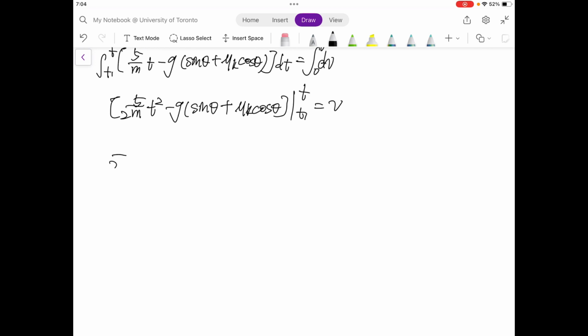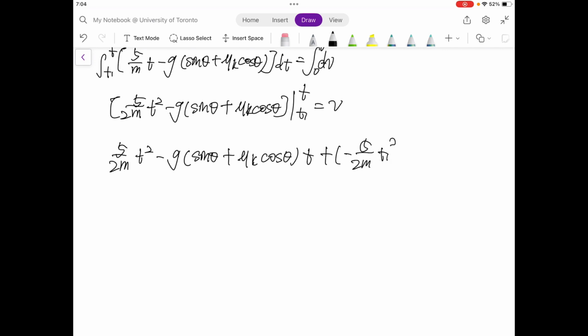We have our final equation, which is (5/2m)t² minus g(sine theta plus μk cosine theta)t plus negative (5/2m)t1² plus g(sine theta plus μk cosine theta)t1 minus v is equal to 0.